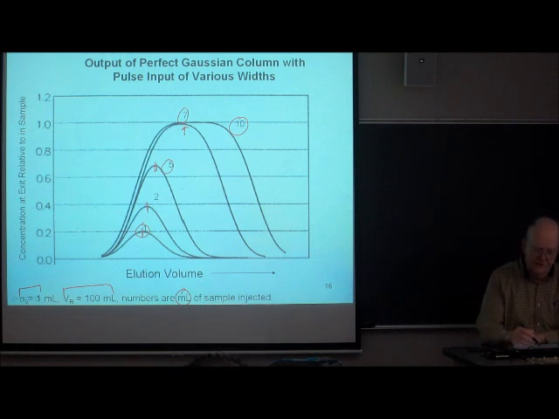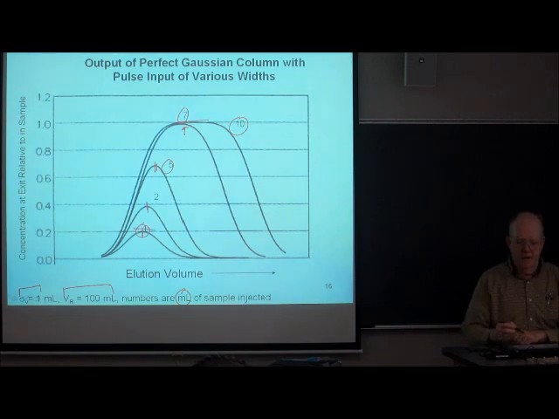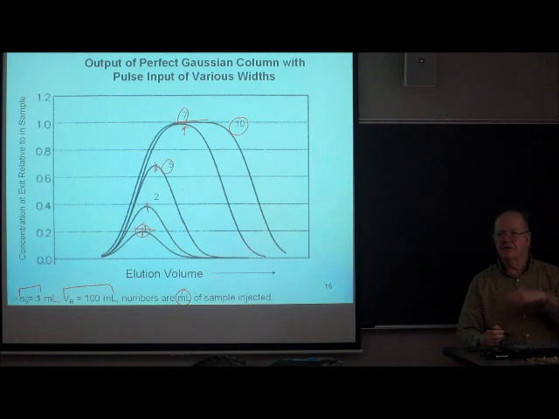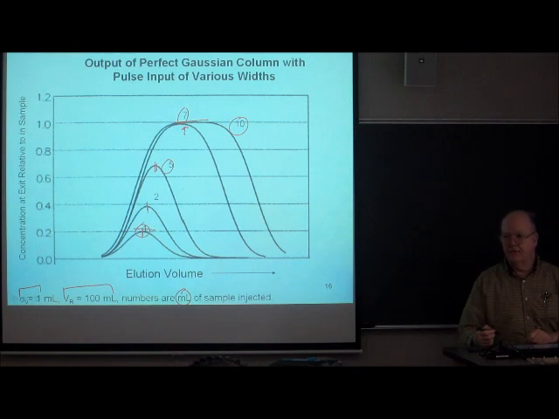I have a much taller peak than I started with. My peak area is 10 times as big as the one I started with. The peak width is a lot wider than what I started with. And the top of the peak is now flat. There's a plateau.